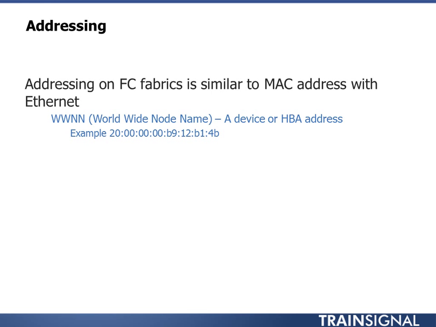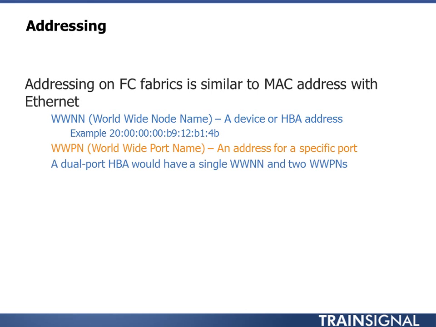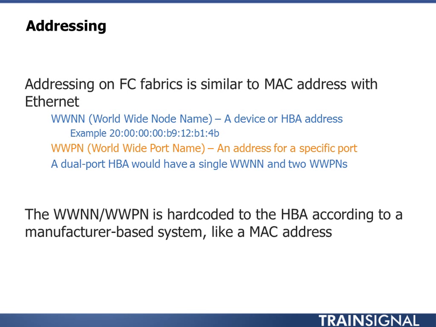It would have two worldwide port names, WWPNs, and these are an address for a specific port. Like I just said, a dual port HBA would have a single WWNN and two WWPNs. These are hard-coded to the HBA, very much like a MAC address. So the idea is that you don't get duplicates or mistakes like that.